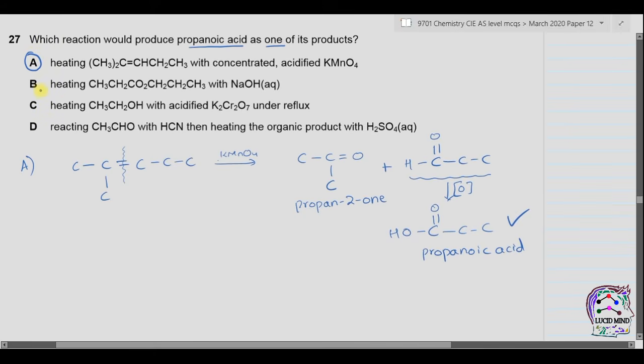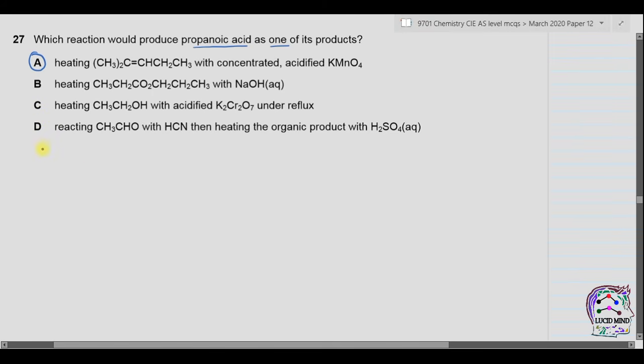Now let's see part B. Part B says heating this ester with aqueous sodium hydroxide. So it is hydrolysis of ester in the presence of aqueous sodium hydroxide. This is propyl propanoate.